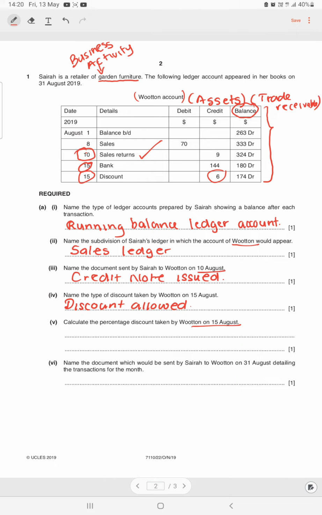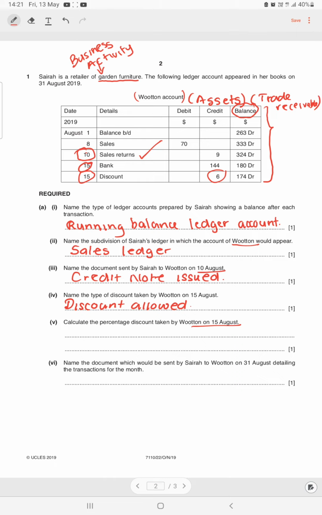So how is the business going to record that? You as the accountant, when Sarah tells Bhutan, I give you a discount of $6, how are you going to record this? Sarah, the owner of the business, is telling the trade receivable, Bhutan, pay me $6 less. Now in your ledger accounts you have to record that. You know that Bhutan is a customer, so it's a discount allowed.